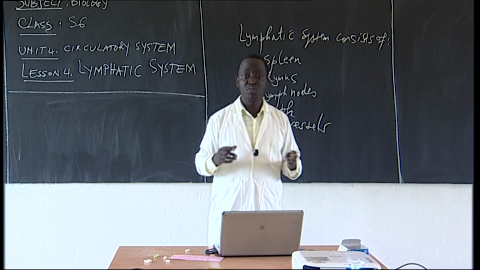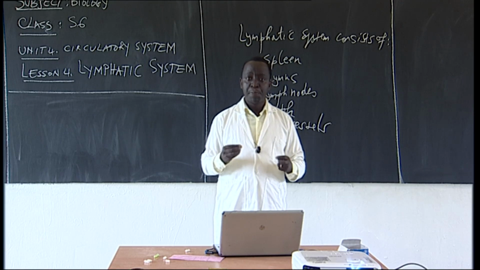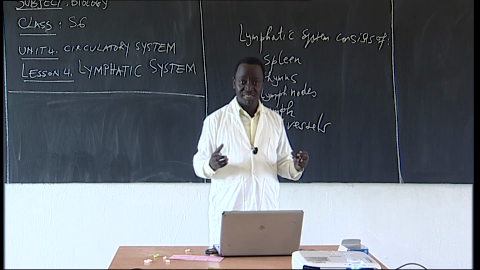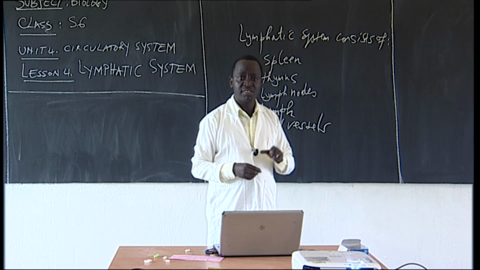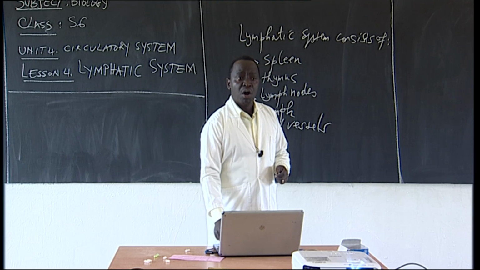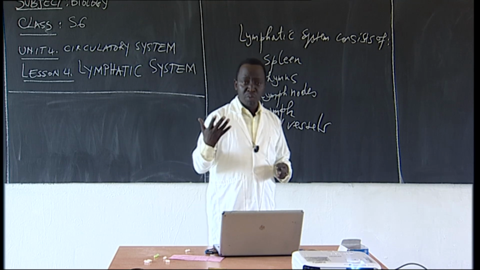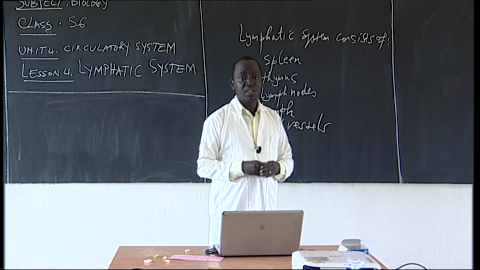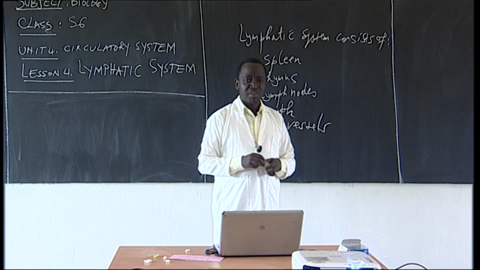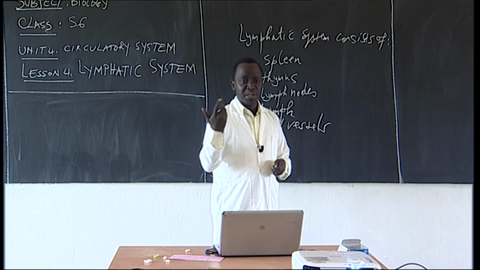Those T cells are used in immunity; they help protect the body against diseases. So they are produced by this thymus. The thymus is very developed in the infant, and when you grow, the thymus degenerates.